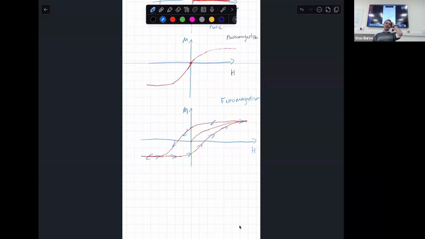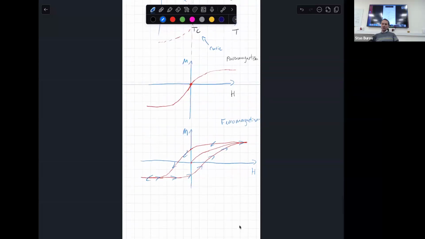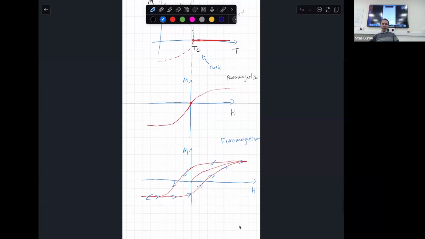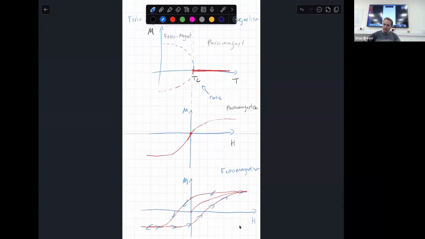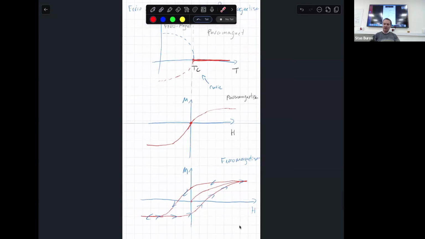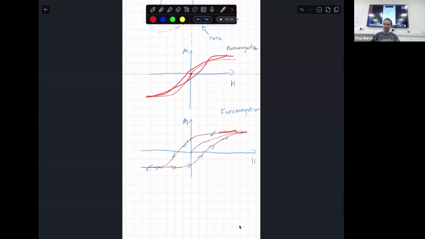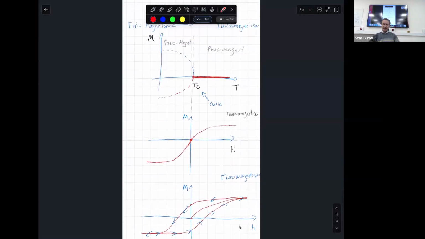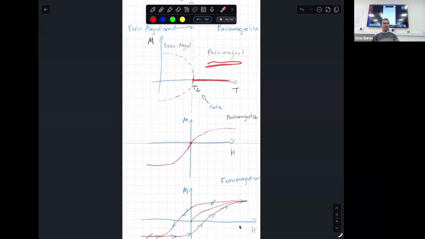And the fascinating thing is that when you go in the paramagnetic regime over here, it behaves like this. You cool everything down and it starts to behave like this. Right? So now this is a static behavior. You do not apply an external field, nothing.